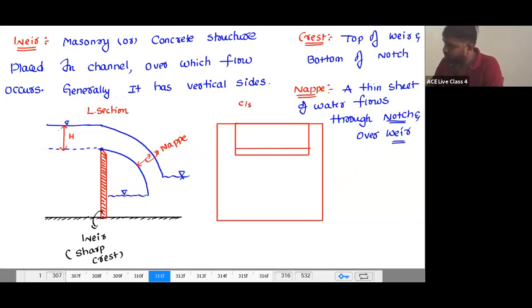This shape is known as the weir, and here is the flow of water.